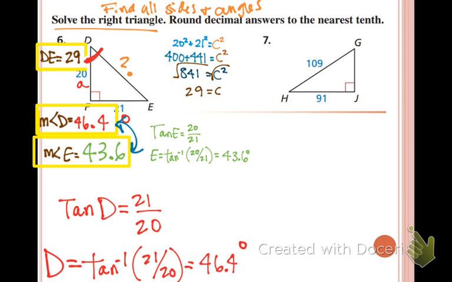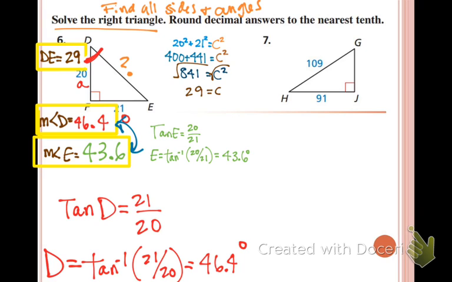Here is my only thing. Some people hear that and they're like, oh, we could have subtracted our first answer from 90 to find the other one. Technically, yes. But if you were wrong the first time, you're going to be wrong the second time. I would instead use it as a way to check yourself. These two should add up to 90. If they do not, one of them is wrong. Okay? Questions on that?